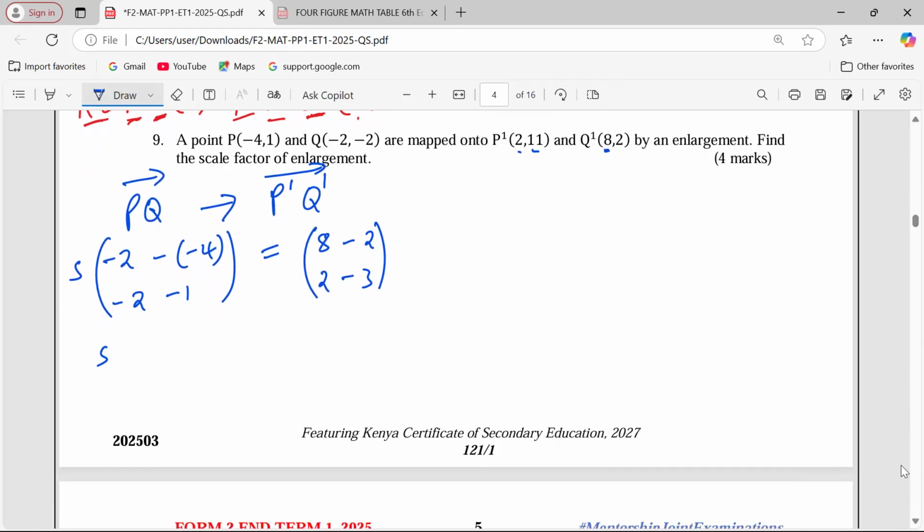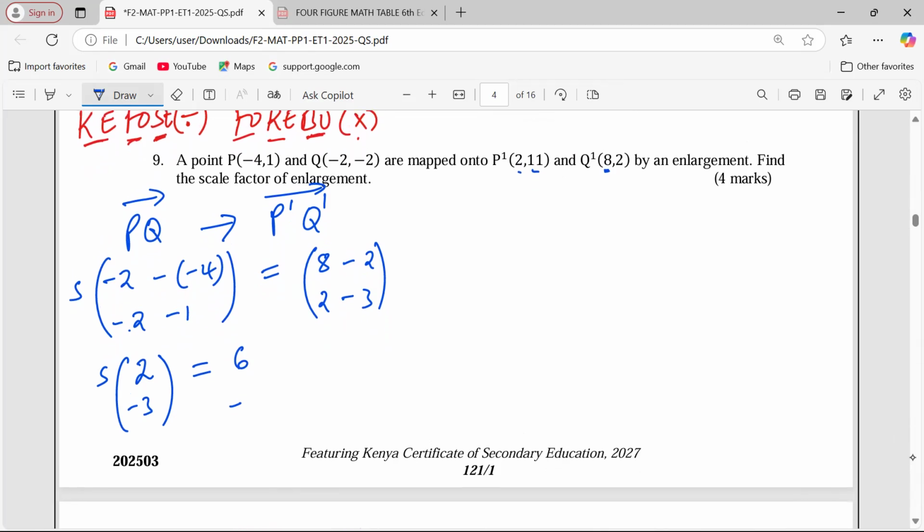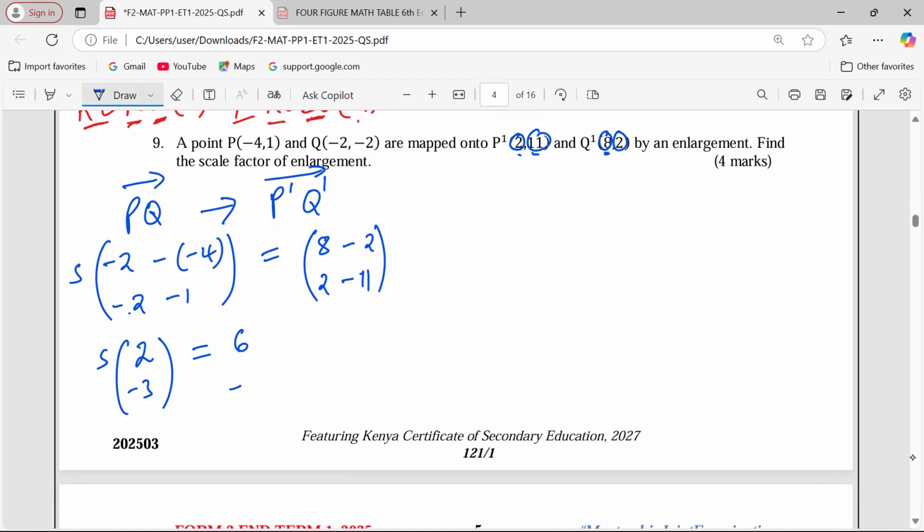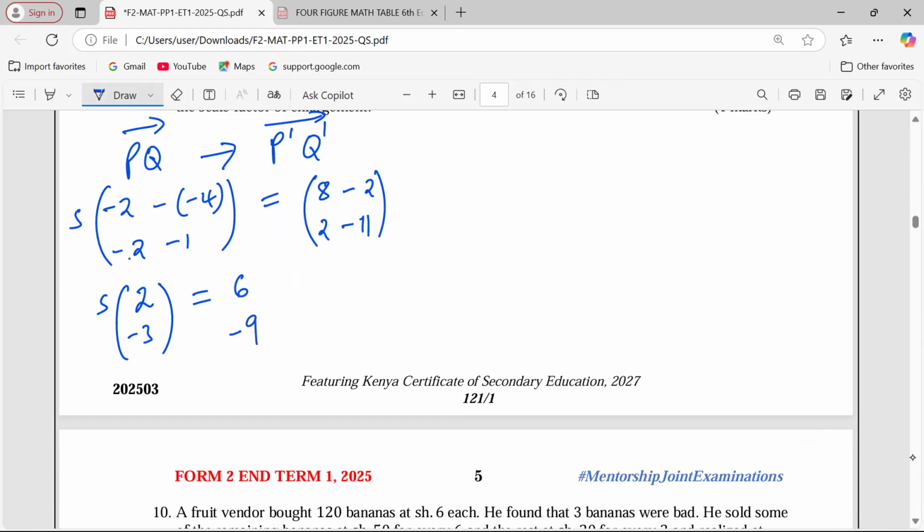So S, which is the scale factor, should multiply this one. 2 minus -4 becomes +4, so 2. Then -2 minus 1 becomes -3. I think we did an error there. We talked about 8 minus 2 and 2 minus 11. So 6 and a -9 that way.